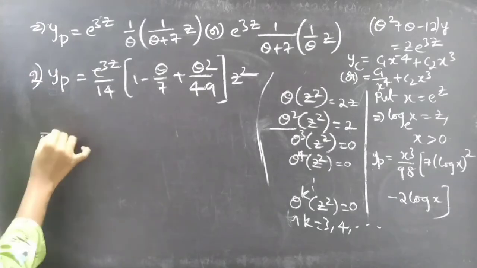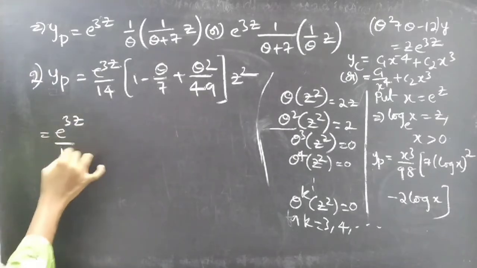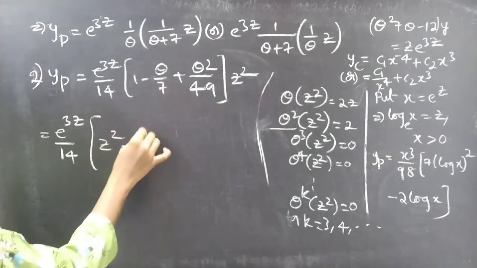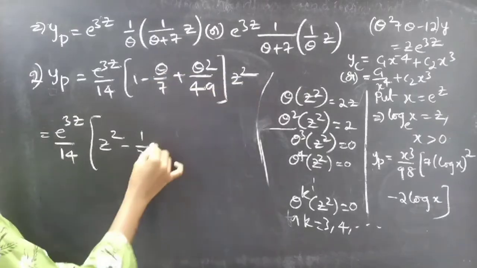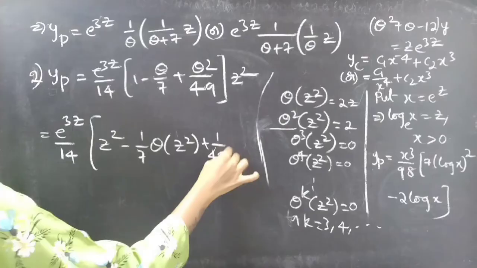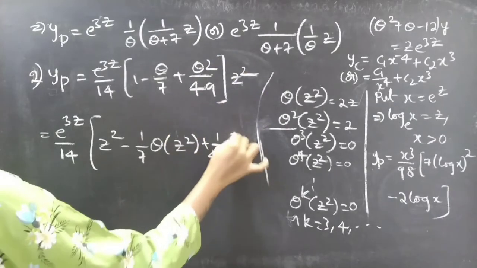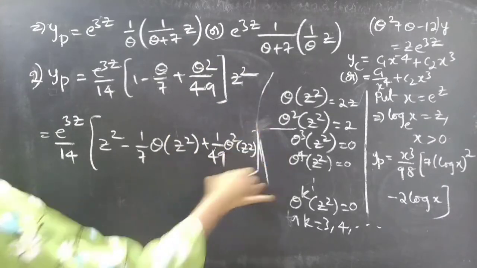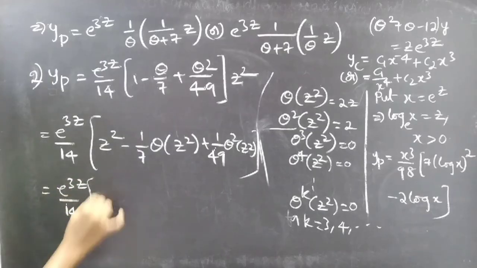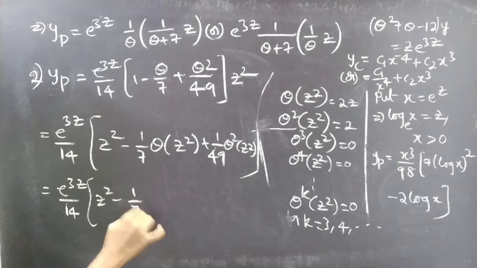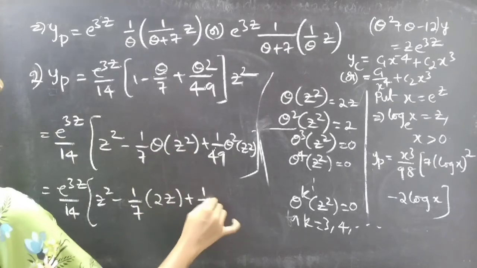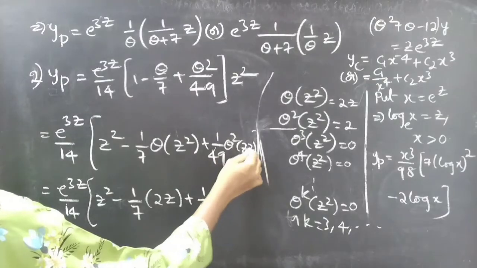Then yp becomes e power 3z by 14 into 1 into z square minus 1 by 7 into theta of z square plus 1 by 49 into theta square of z square, which is equal to e power 3z by 14 into z square minus 1 by 7 into theta of z square, which is 2z, plus 1 by 49 into theta square of z square, which is 2.